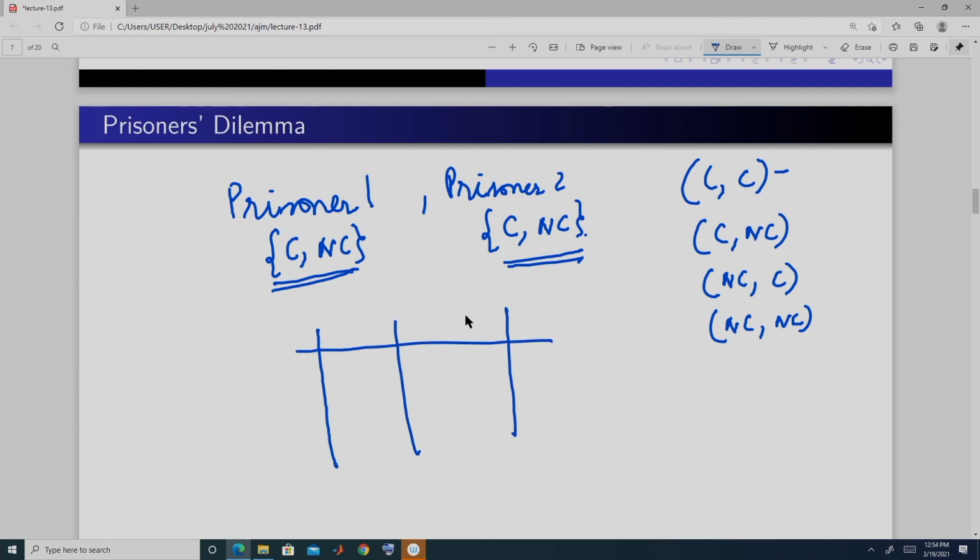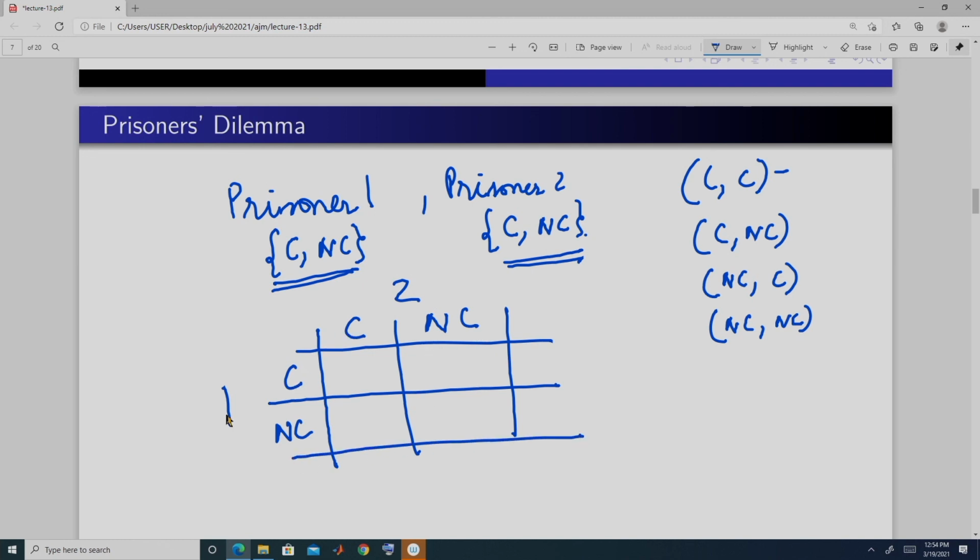Suppose here this column represents player 2. It has two actions, one is C, another is not C. Player 1 again has two actions, C and not C, and here this block gives me the outcome when both of them are choosing C and C.